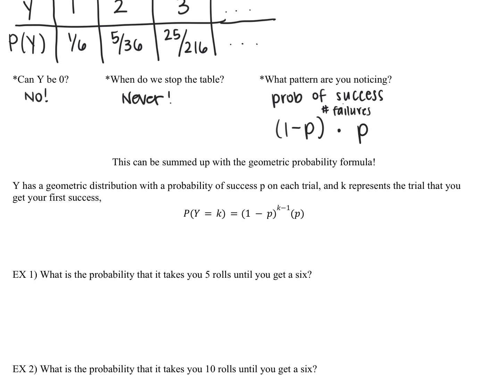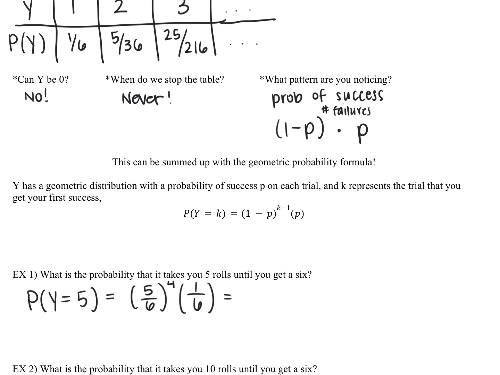So for our first example, let's say we want to find the probability that it takes you 5 rolls until you get a 6. So that's the probability that y equals 5. That means we had 4 trials of failure, so that's 5/6 to the 4th, and then our 1 trial of success times 1/6.